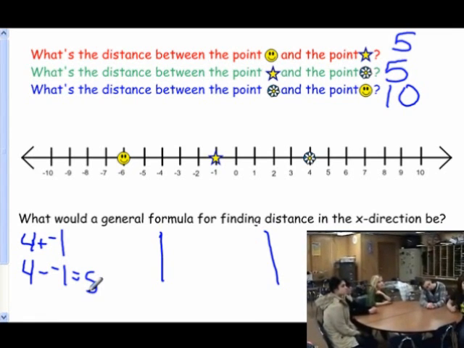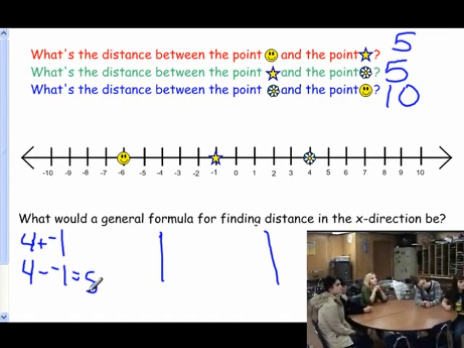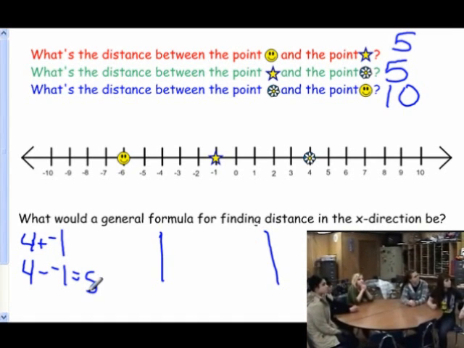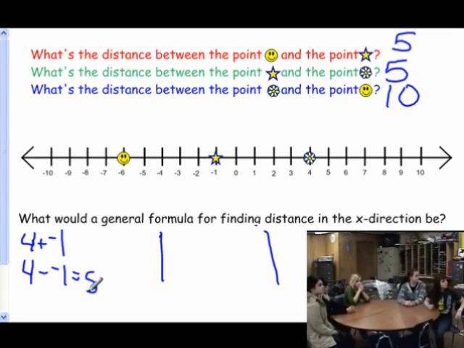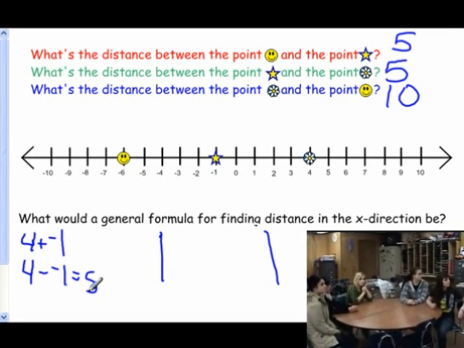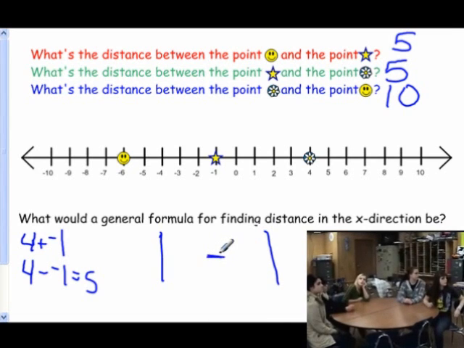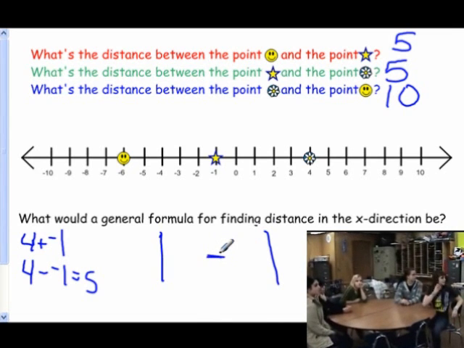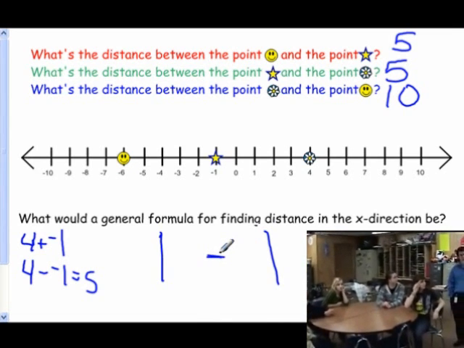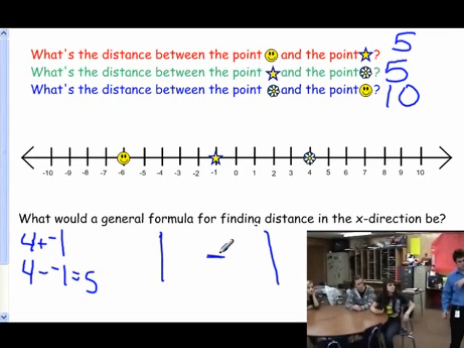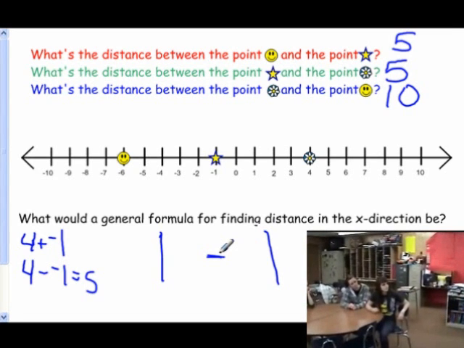Yeah. Okay, so I don't want to just use 4 and -1 as 2 numbers. I want to use any numbers. So I need a formula just with variables in it. What would that look like? Well, since these are horizontal, x1 minus x2. Which one?